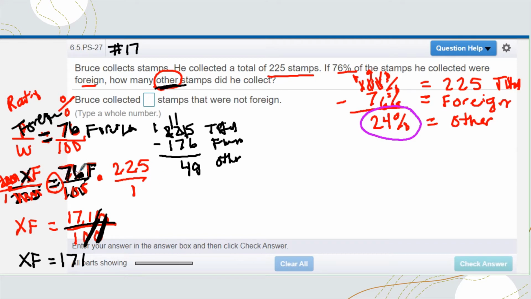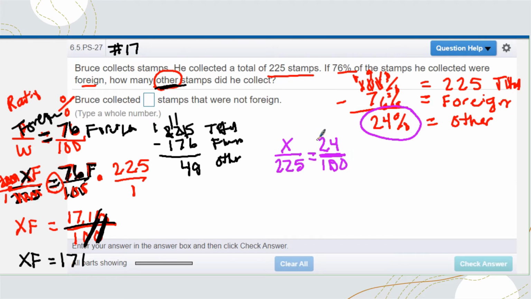Instead of using 76% foreign coins, we will say x over the whole part, we don't know the part, out of the whole 225 is equal to the part percent. I'm going to put 24 right here instead of 76 over the whole percent, 24%. Remember, cent, that root word is 100.